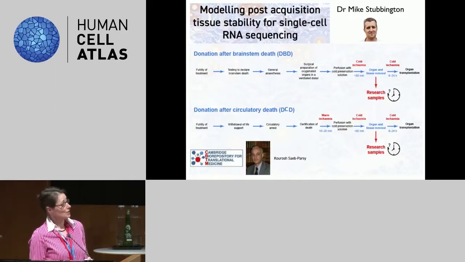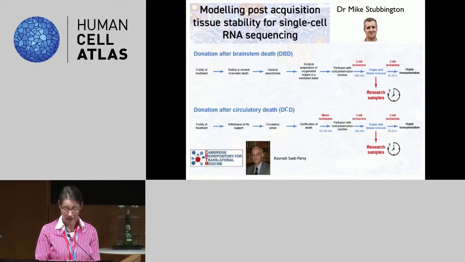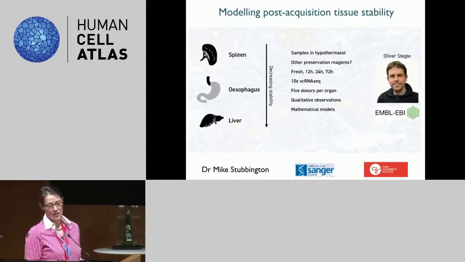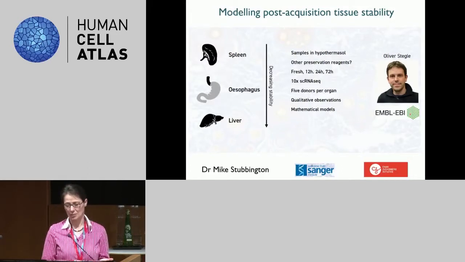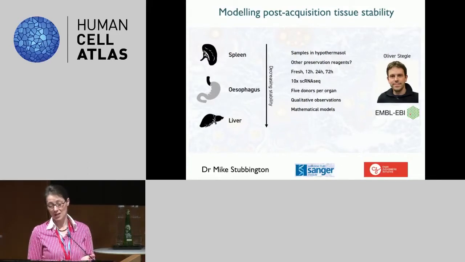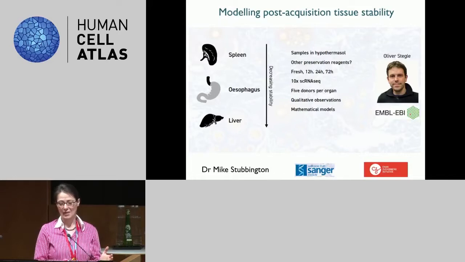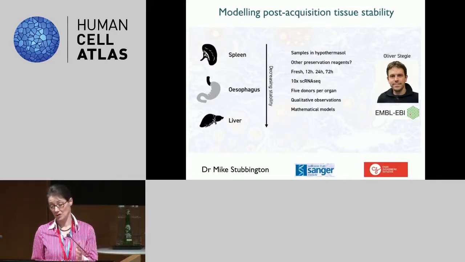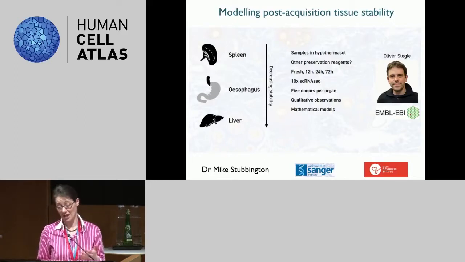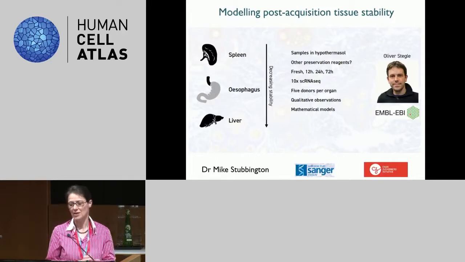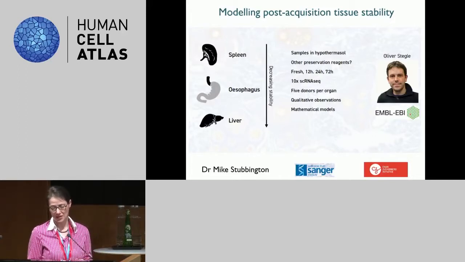Mike has then been taking samples from DBD and DCD donors, looking at spleen, esophagus, and liver, and putting those samples in hypothermosol, and then putting them on ice, and then comparing biopsies taken at time 0, 12 hours, 24 hours, and 72 hours, and doing 10x single-cell RNA sequencing. And then Oliver Stegle at EBI has been helping to analyse this data.